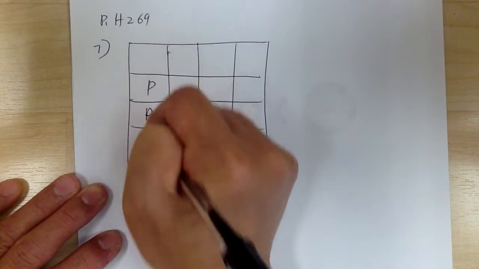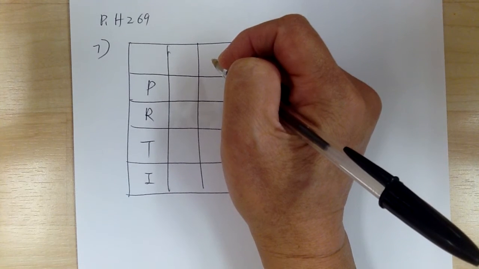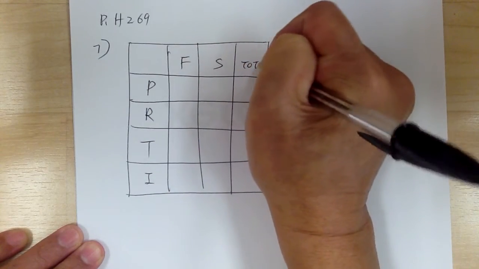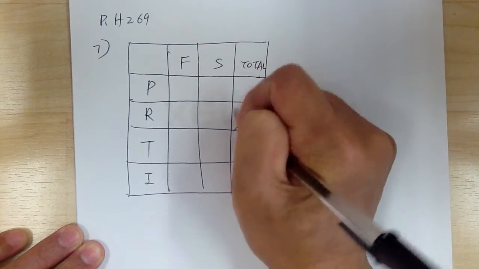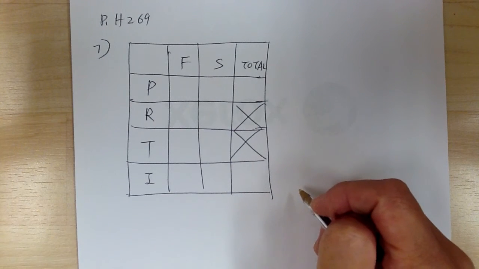So this is P, R, T, I. And okay, so again, there are two kinds. So the first, second, total. The investment problem has less variation, so most of it is just very straightforward, especially for Algebra 1.